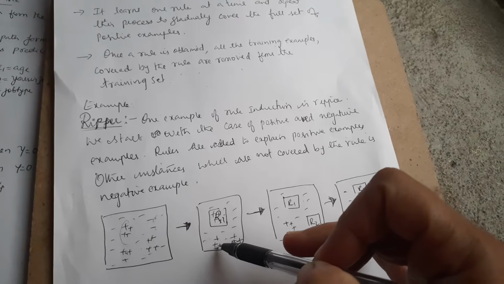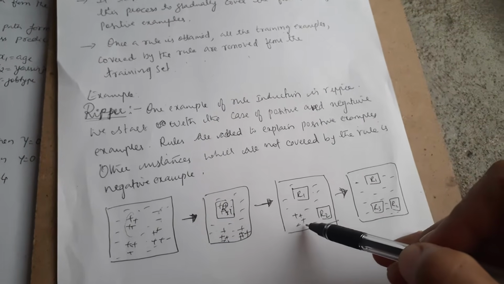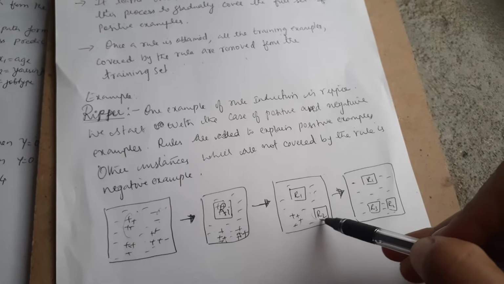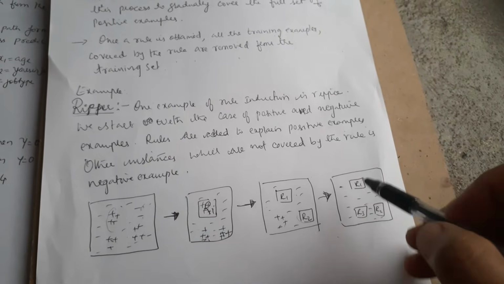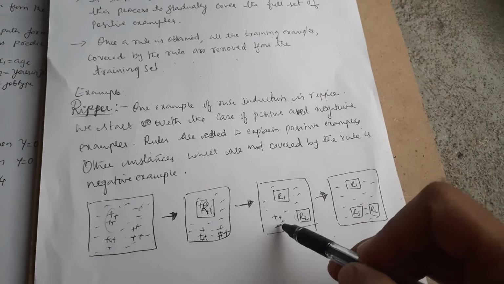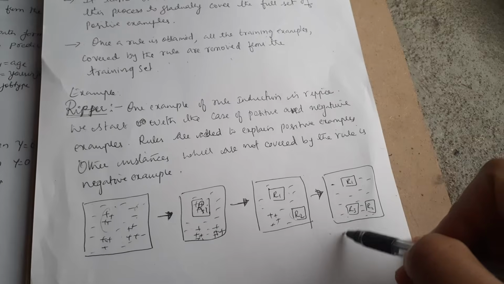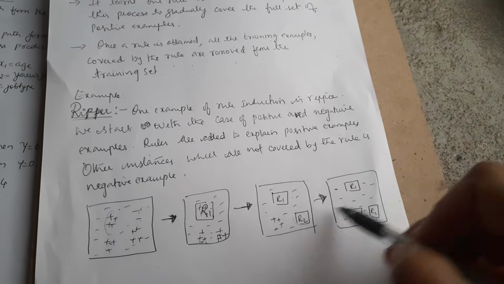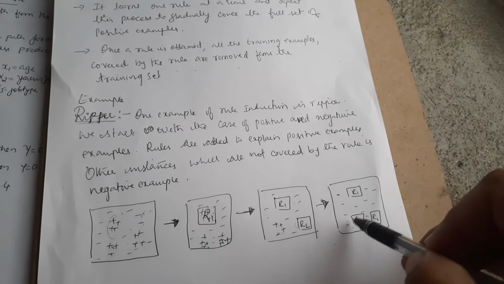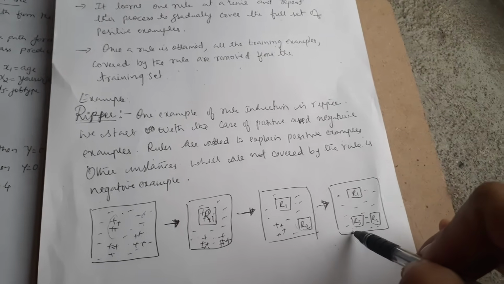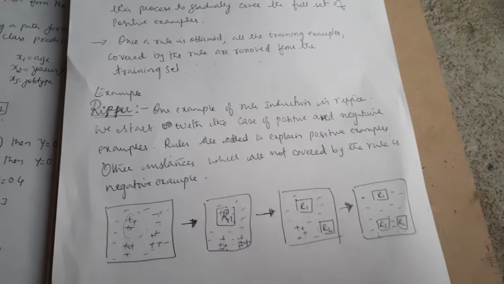You are left with only these two positive examples, so I learn the rules for the next step. This one is rule R2, and this set of positive examples is removed. Then I learn rule 3 and remove the examples related to it. Like this, as you learn the rules for the positive examples, those training samples are removed from the dataset. This is one example, that is RIPPER. Thank you.